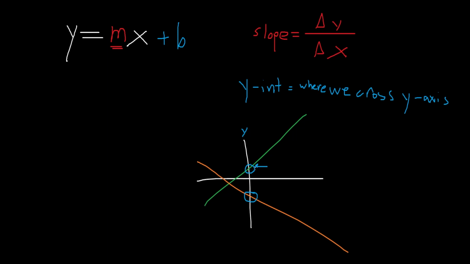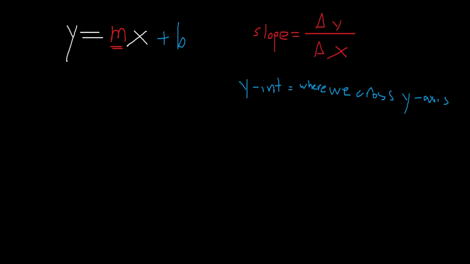Whatever y value we have where we cross the y-axis, that's going to be our value for b. It is also the place where x equals 0. So if you need to solve for it using algebra, you can just make x 0, and that'll work just fine.